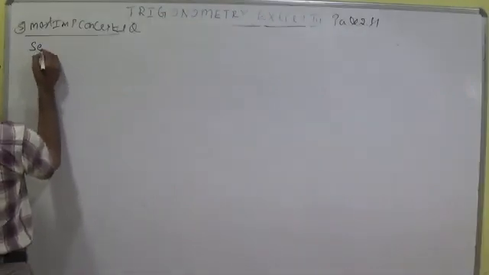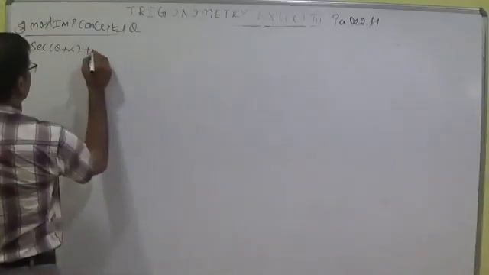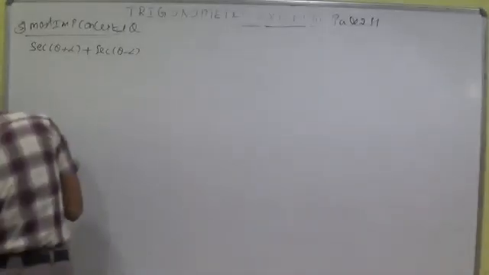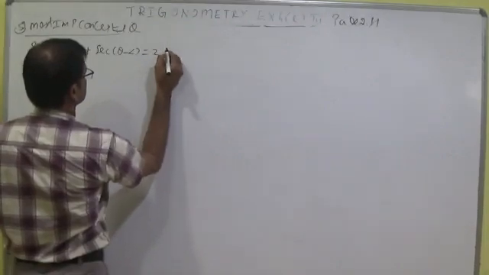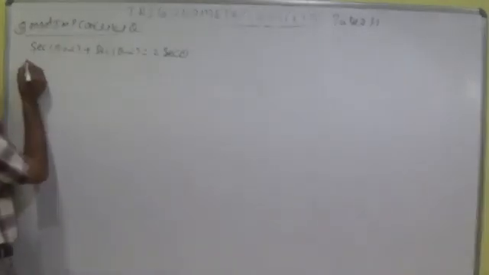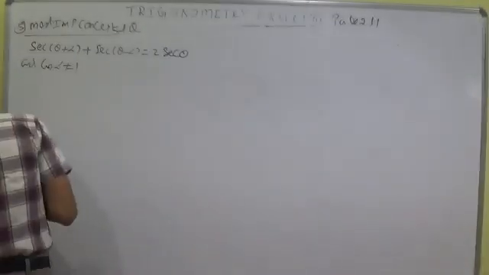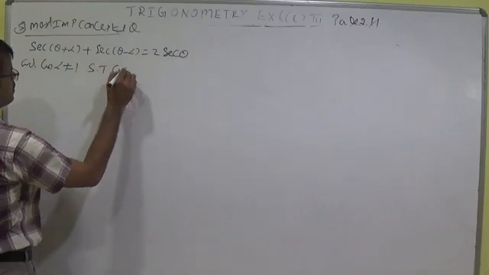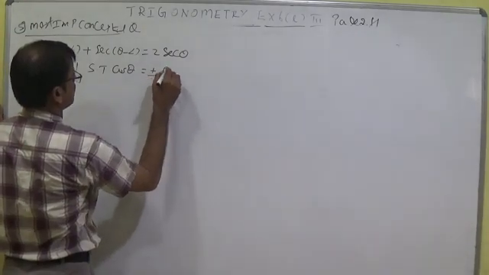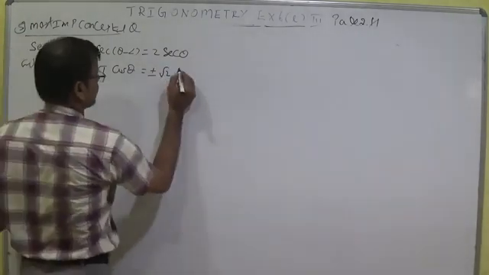The question is given. Secant of theta plus alpha plus secant of theta minus alpha is equal to 2 secant theta, and cos alpha not equal to 1, then show that cos theta is equal to plus or minus root 2 cos alpha by 2.